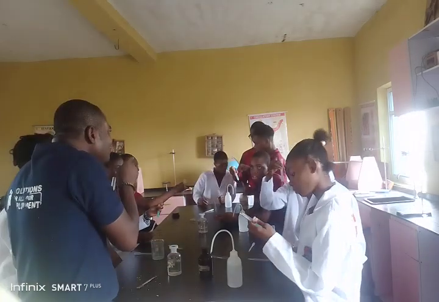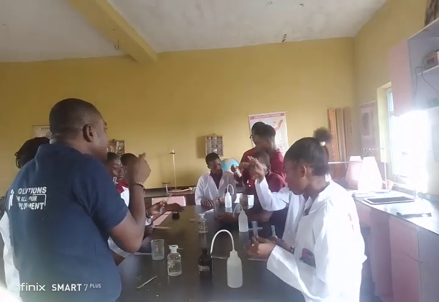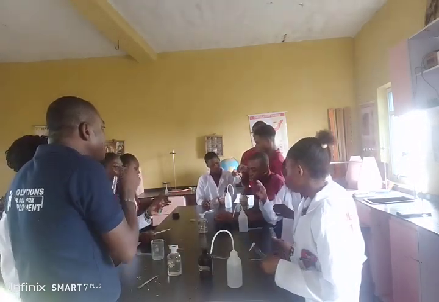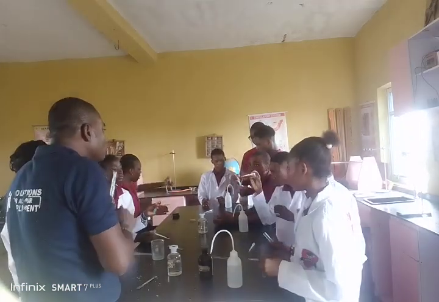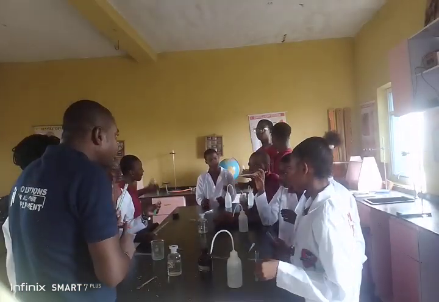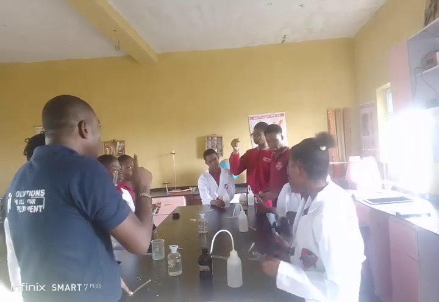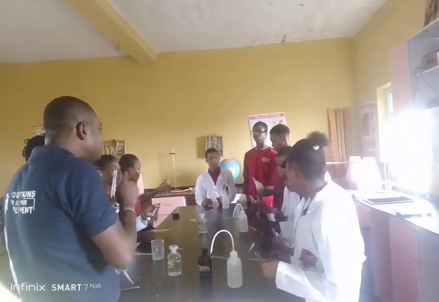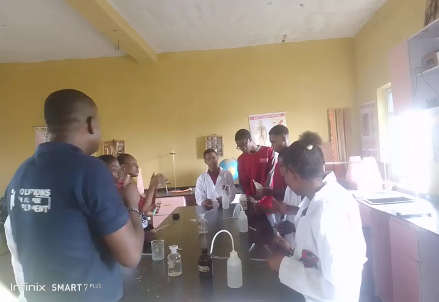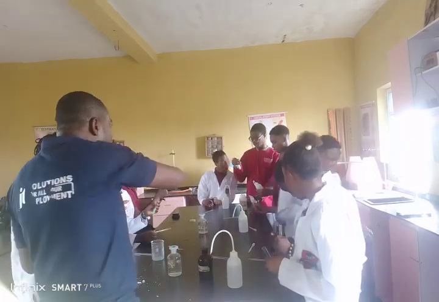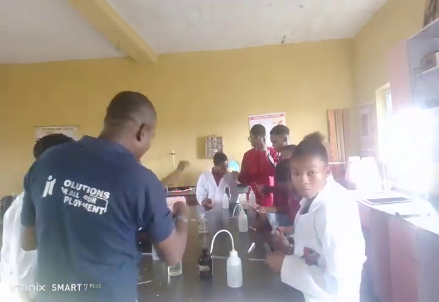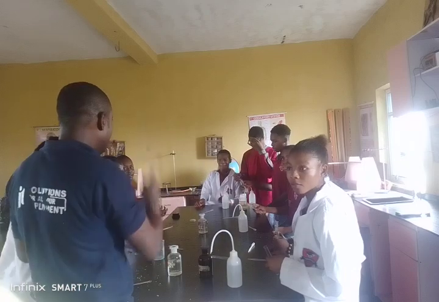And I've already told you before that all chloride salts are soluble in water except silver chloride, lead 2 chloride, which is only soluble in hot water, and mercury 1 chloride. So silver chloride is a white precipitate, it is insoluble. But every other chloride, including the copper 2 chloride that we are working on now, is soluble in water.